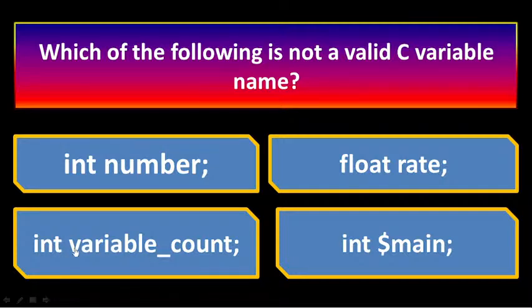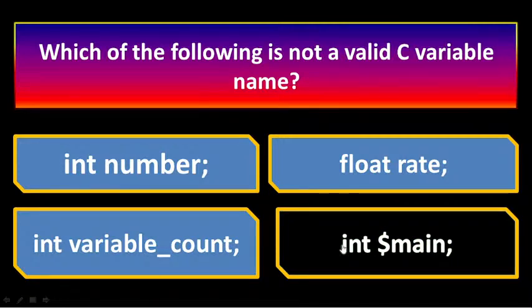That's the reason this is also valid. The fourth one is int $name. Special symbols are not allowed other than underscore. This name starts with the dollar symbol, and name is an inbuilt keyword of C. That's the reason this is not a valid C variable. Is it clear?